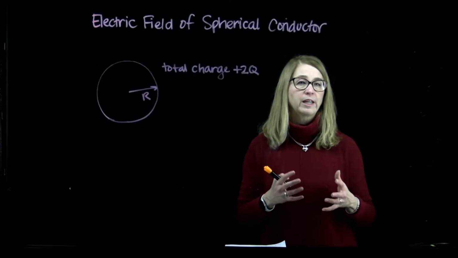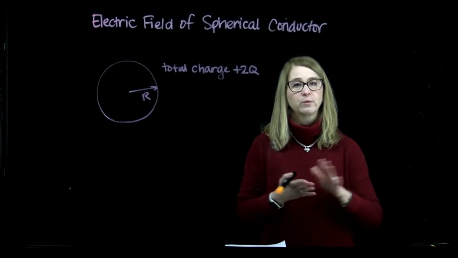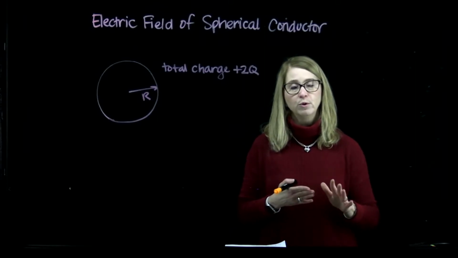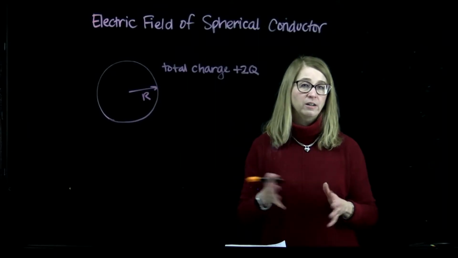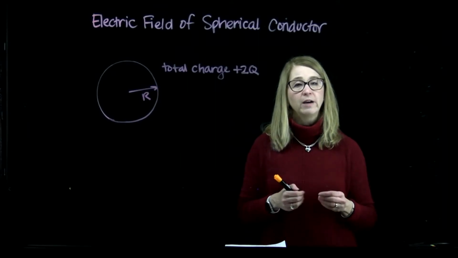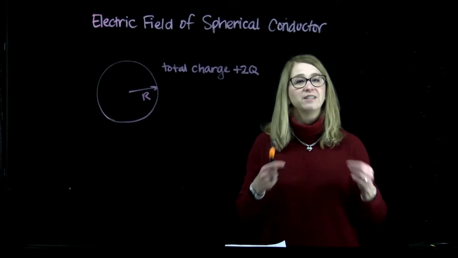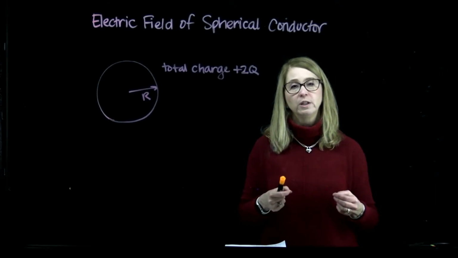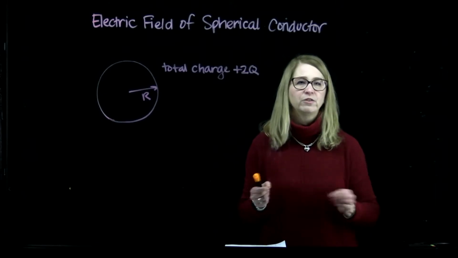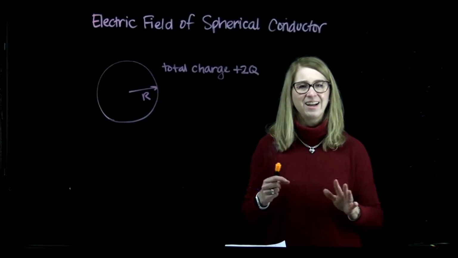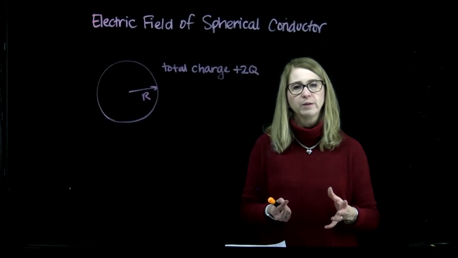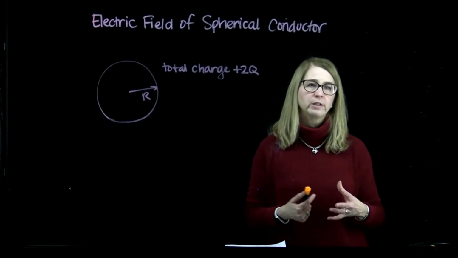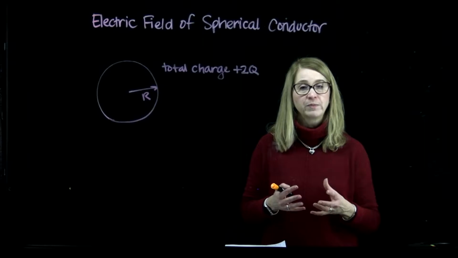Because an insulator can have charge just within it that's not moving and be in equilibrium, whereas, as we learned at the end of chapter 6, if you have a conductor in equilibrium, it can't have charge inside of it floating around, because in order to get into equilibrium, the charge will distribute along the surface.